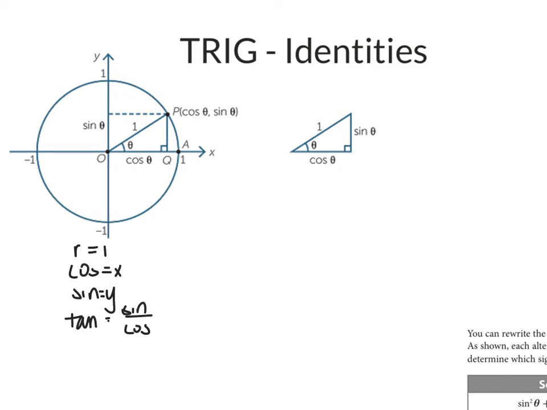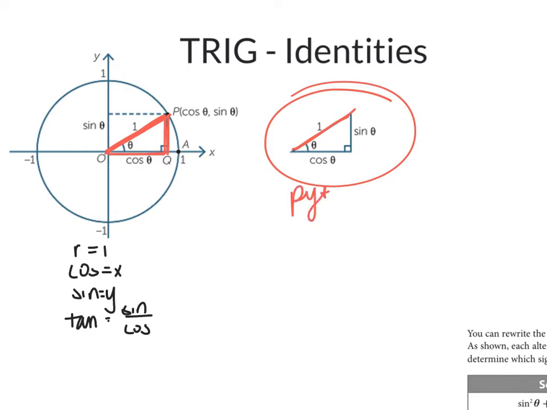There's really only one new thing that we need to add today, and it has to do with this picture right here. So remember, this comes from the radius being 1. Cosine is x, and sine is y, and that creates a right triangle. And if we think about right triangles, hopefully somewhere in your brain, you pull out Pythagorean theorem.